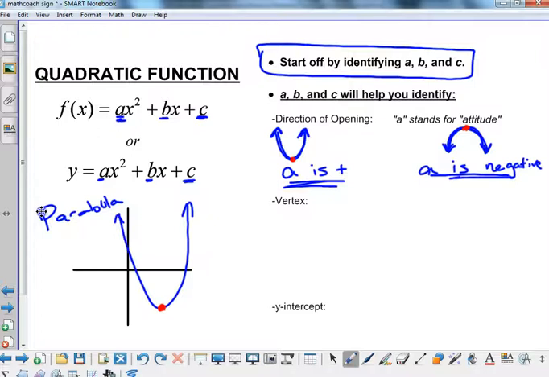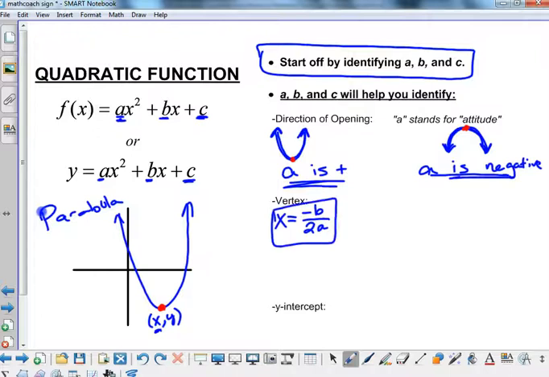Well, we can use A, B, and C to help us identify the vertex, B and A in particular, by first off realizing that at the vertex the value of x is equal to negative b over 2a. Our parabola has a vertex with the coordinates x and y, and we can easily find that x by using this little formula.